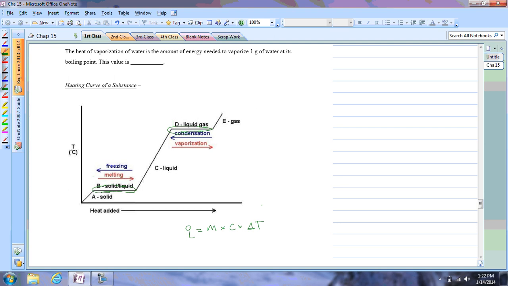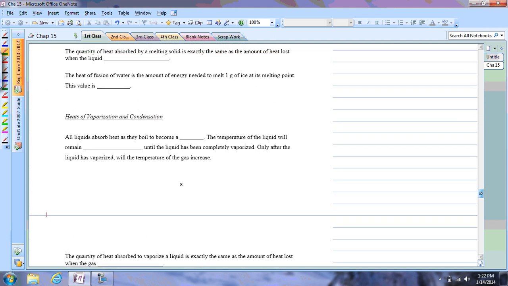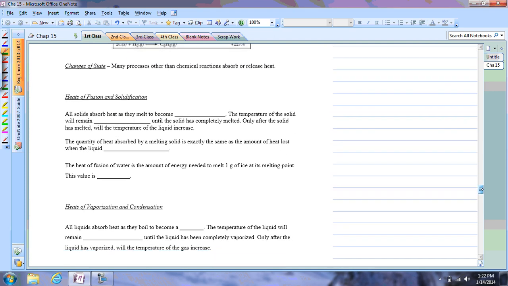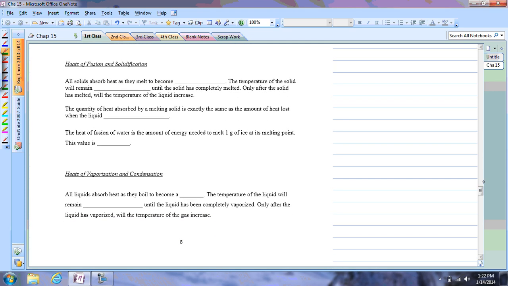When we're at these two conditions, melting or vaporization or boiling, when we heat, or condensation and freezing when we remove heat, we have to use a different equation to measure heat lost or gained. And if we back up a page, it's called the heat of fusion and the heat of solidification.